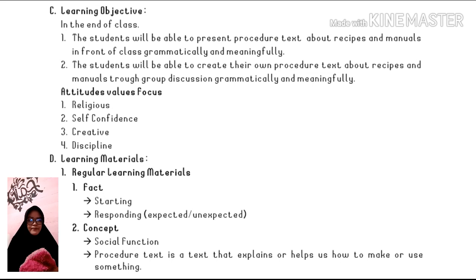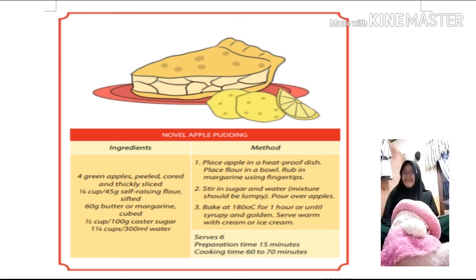So the concept here, the concept consists of social function, and procedure text is a text that explains or helps us how to make or use something. Okay, this is the example.